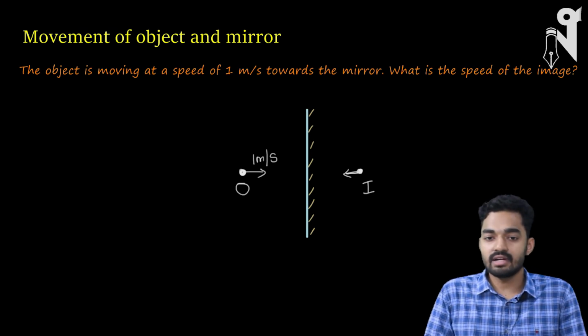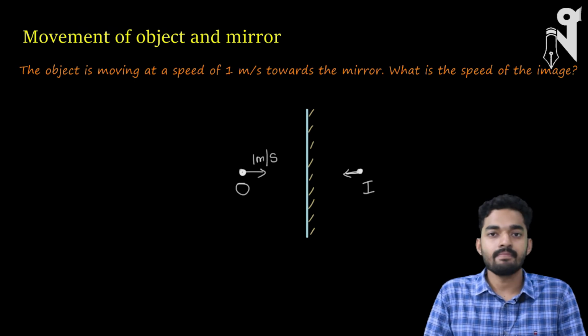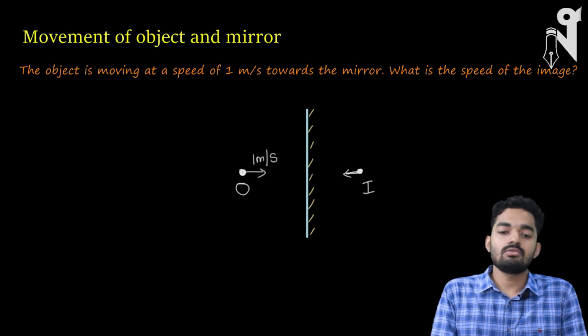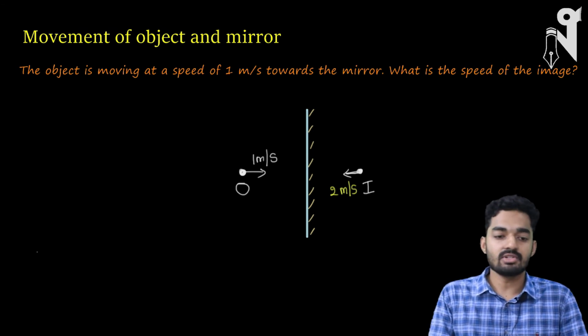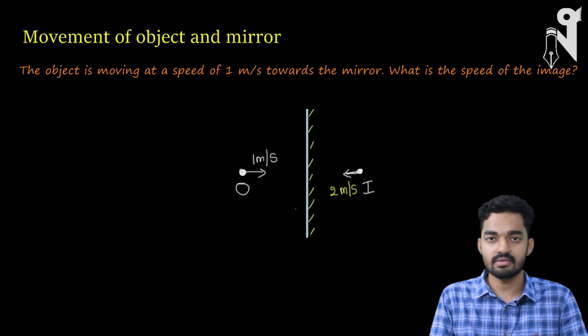The object is moving at 1 meter per second towards the mirror, and the image, let's say, is moving at 2 meter per second towards the mirror. So what happens over time is, after some time the image distance is going to decrease much more than the object distance, right? Because the image is traveling faster towards the mirror, right?